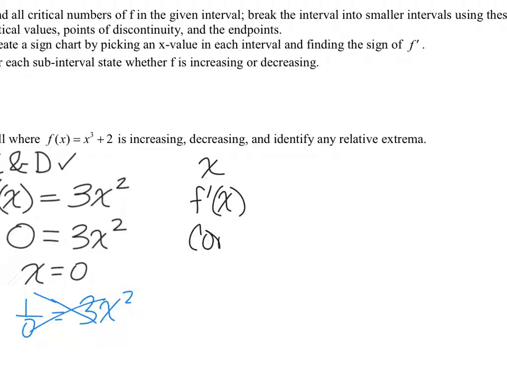All right, so our sign chart would have the x values, the f prime values, and some kind of conclusion. The conclusion is going to vary, obviously, depending on where we are in the domain. All right, so this is the tedious part.